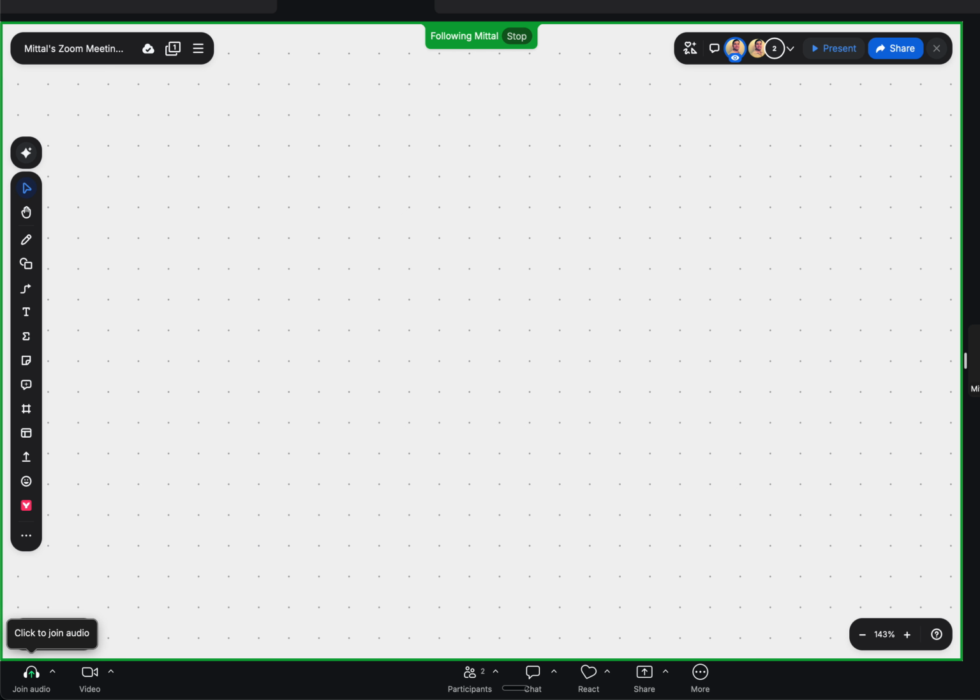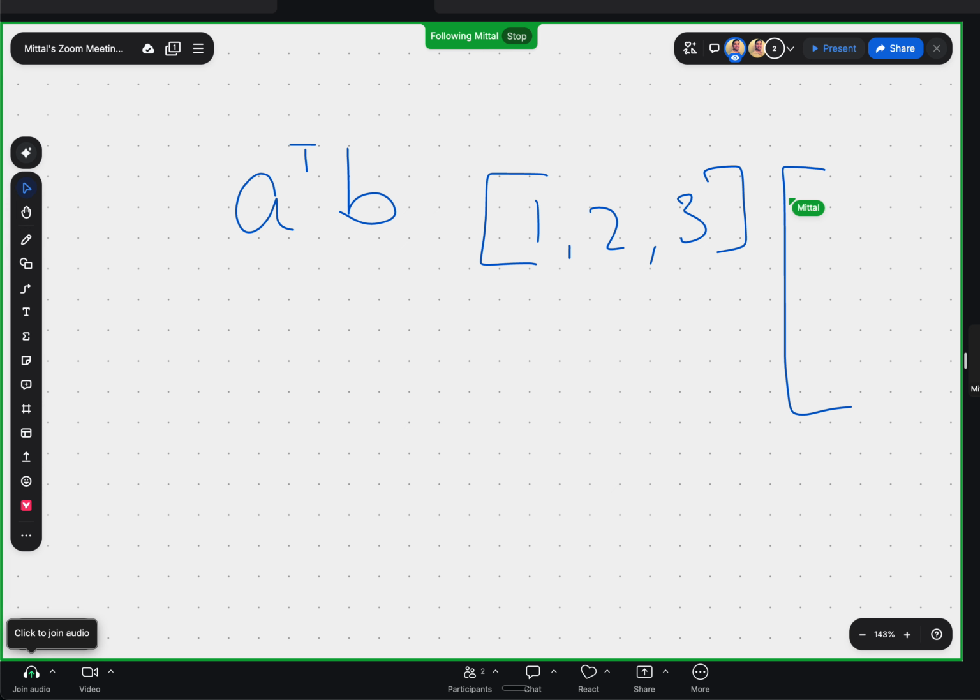So bracket notation is nothing but writing A transpose B, where A is a vector and B is a vector. So let's say A is the vector 1, 2, 3, and we transpose it so it looks like 1, 2, 3, like a row vector. And then B is, let's say, another vector 4, 5, 6, and it's a column vector.